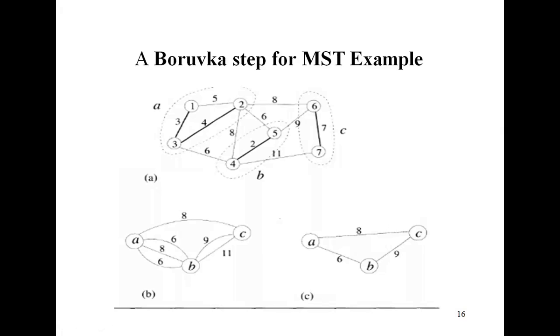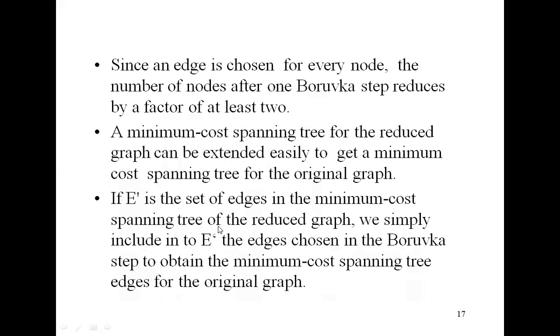A minimum cost spanning tree for the reduced graph can be extended easily to get a minimum cost spanning tree for the original graph. If E dash is the set of all the edges in the minimum cost spanning tree of the reduced graph, simply include it into E dash.